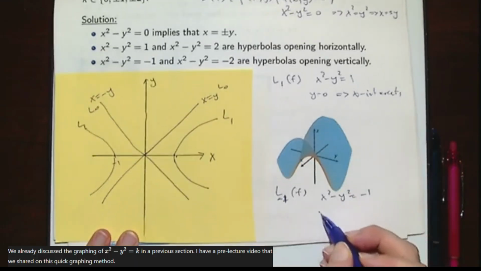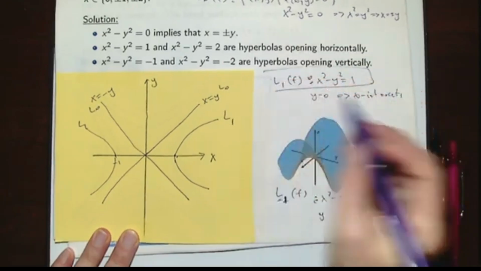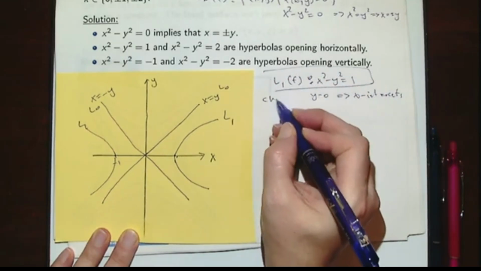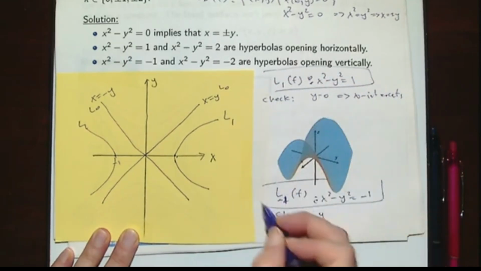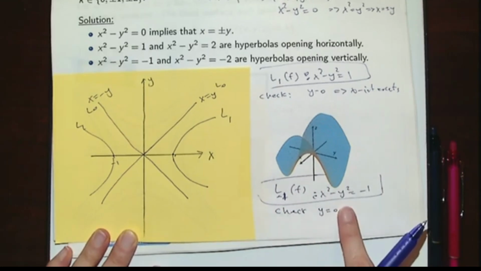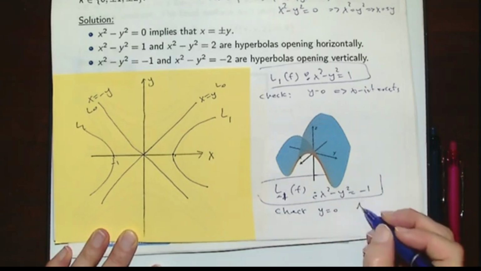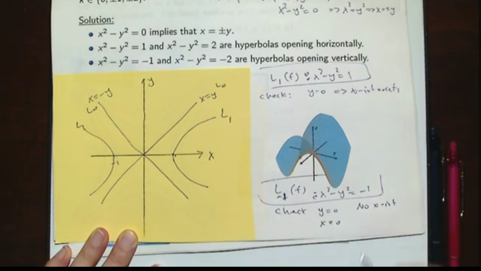If I set y equal to 0, is there an x-intercept? No x-intercept. Is there a y-intercept?